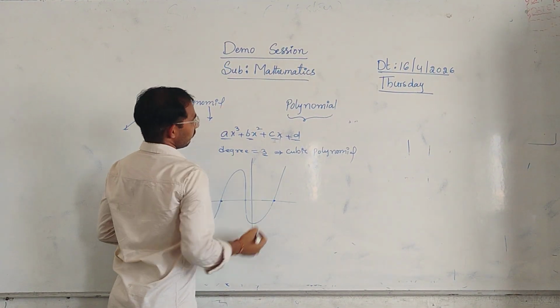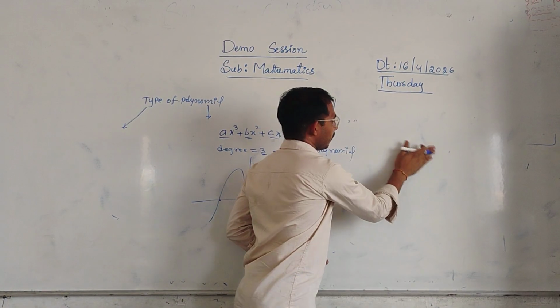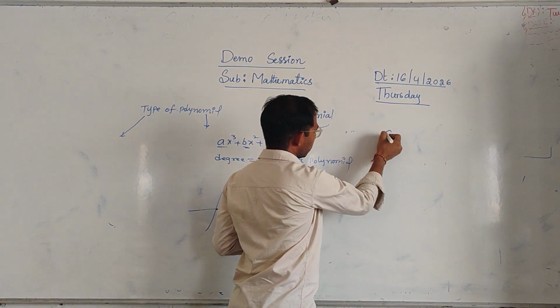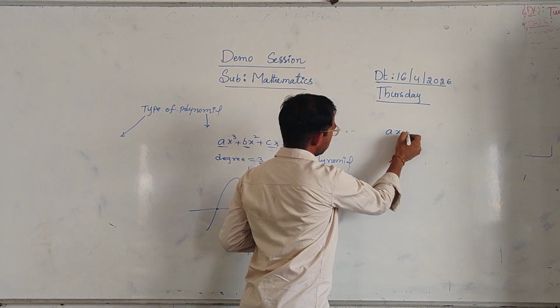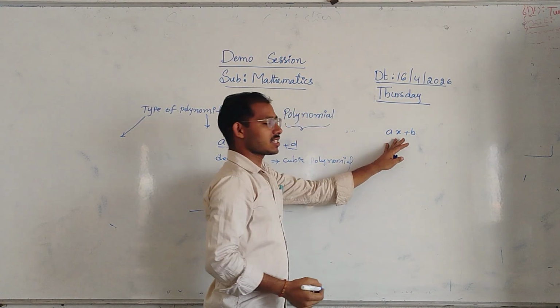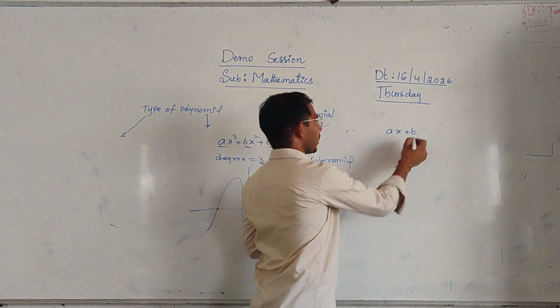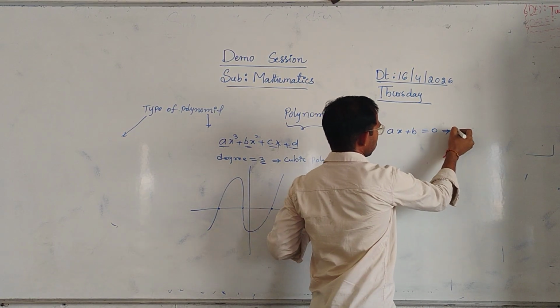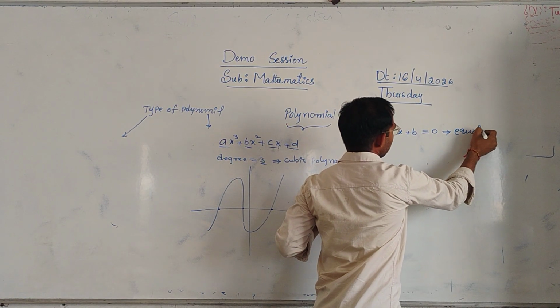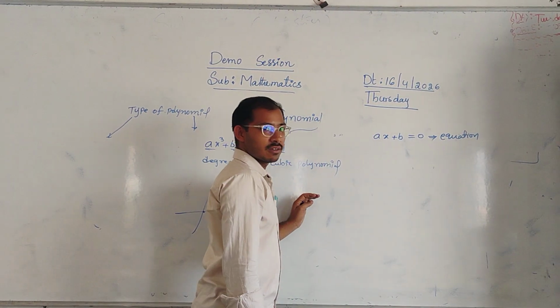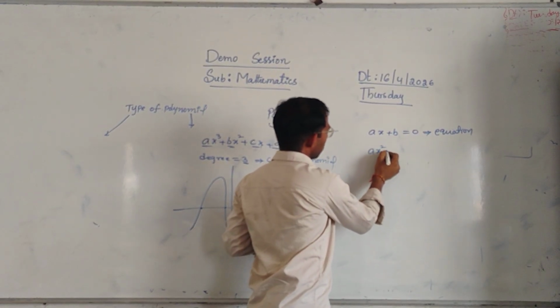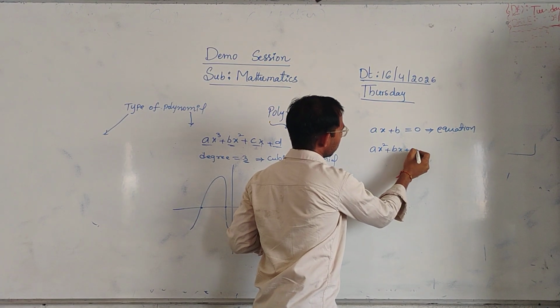Now, when we make any polynomial equal to 0, for example the general form for linear, ax plus b, then we call it an equation. It is a linear equation. What is the general form for the quadratic equation? ax square plus bx plus c is equal to 0.